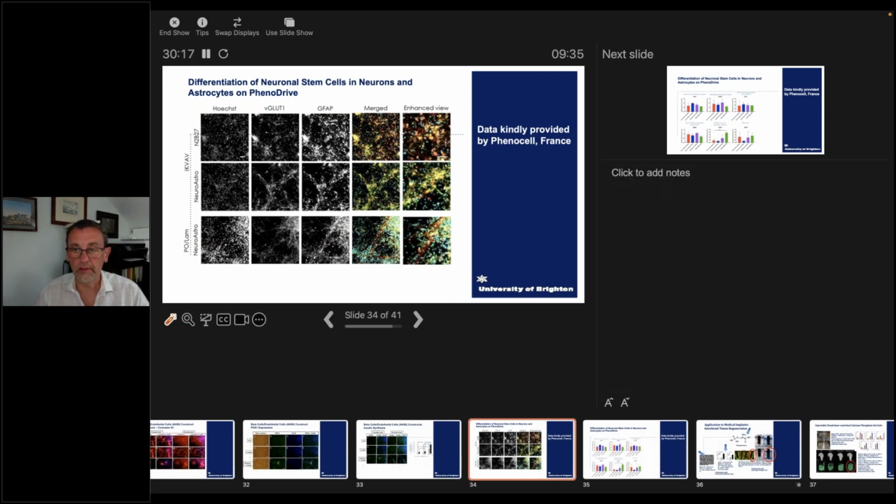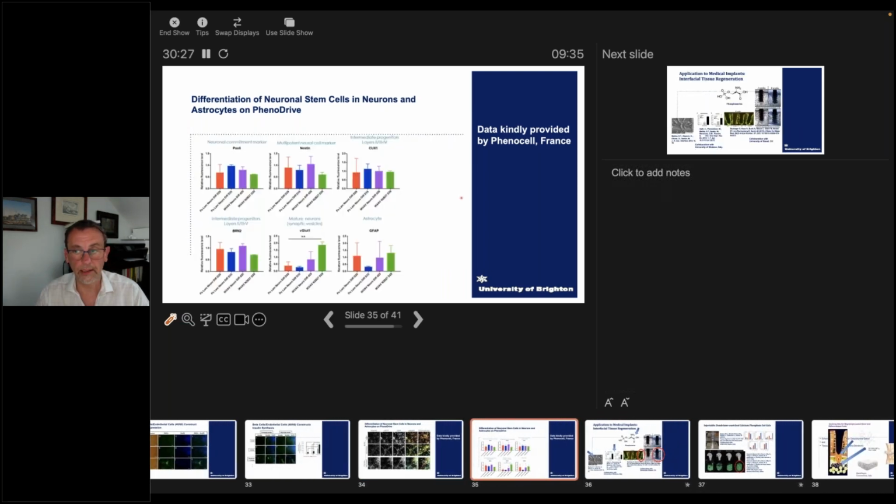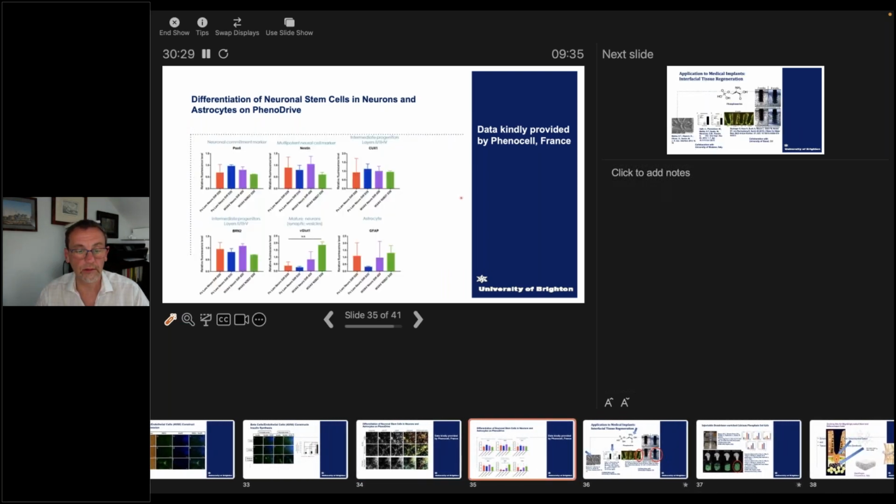These markers of expression that you can see here shown in a microscopy slide were also quantified by our colleagues at Phenocell, showing all positive results in terms of maturation of differentiation of induced pluripotent stem cells, either into neurons or astrocytes, depending on the conditions.